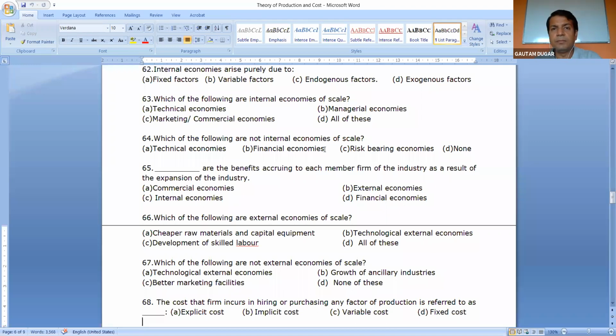If my firm is a bigger one, I will be able to employ the best of the technology. I'll be getting the technical economies other firms will not be getting. If my firm is a bigger one, I may be able to produce many product lines and that increases my risk bearing capacity. I get risk bearing economies. But these benefits will not accrue to other firms in the same line of industry.